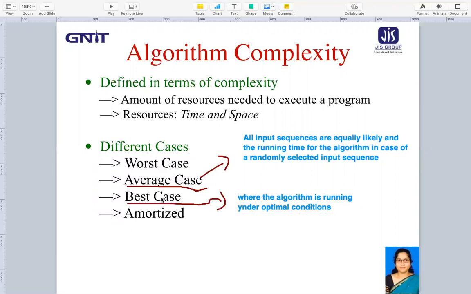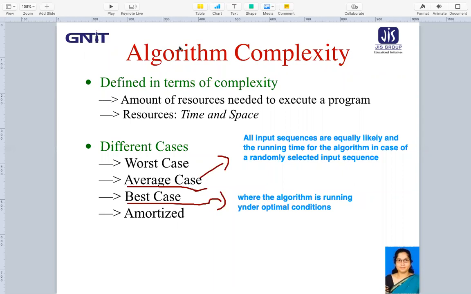For example, if I talk again about the sorting algorithm, one thing we should remember is that we hardly base our decision on the best case performance, because the best case is an ideal situation which in most algorithm cases we may not achieve.